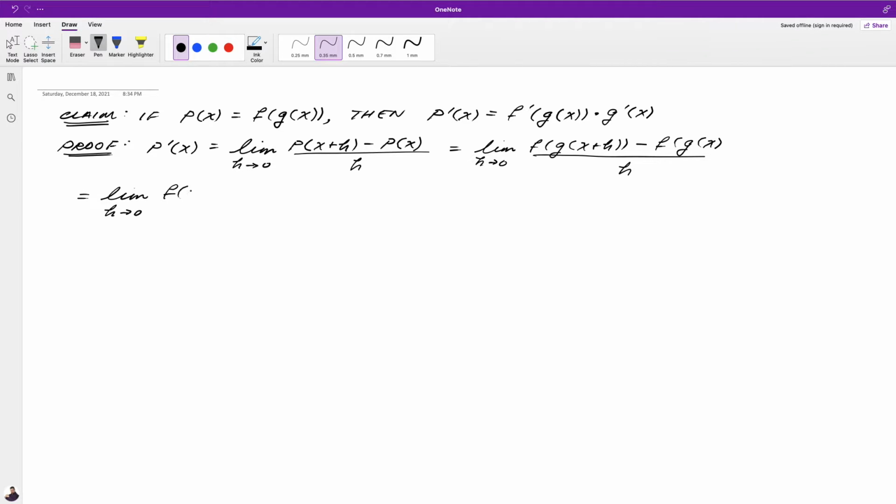We're going to have f of g of x plus h minus f of g of x over h. But now I'm going to multiply top and bottom by g of x plus h minus g of x. Top and bottom. This is just one, right?